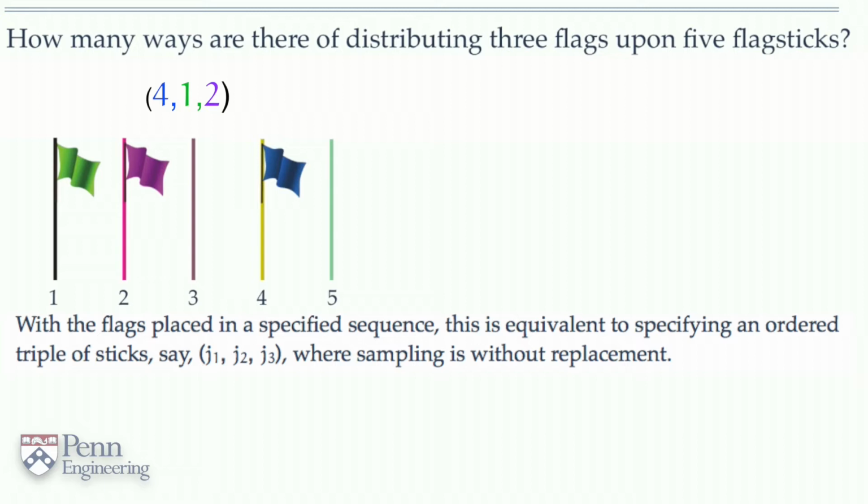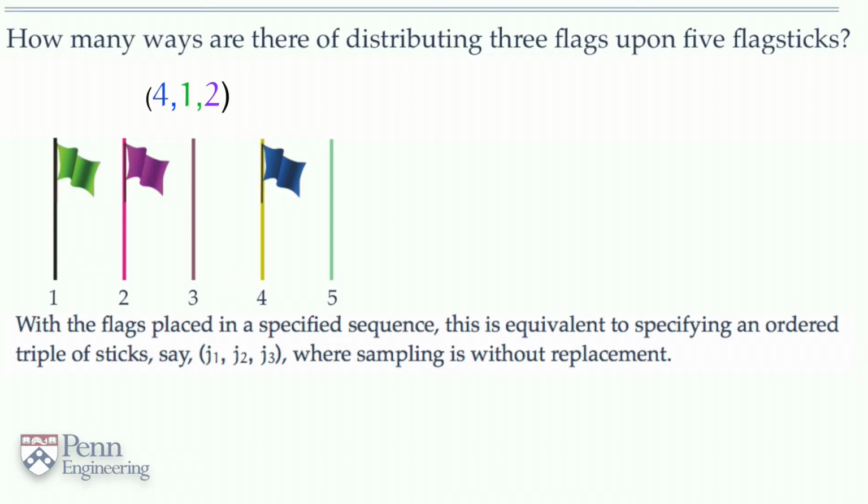Well, let's do the counting. The first flag could go onto any of 5 poles. That gives you 5 possibilities. The moment you place a first flag on a pole, then you only have 4 poles left. Remember, sampling poles is without replacement. Which means that the second flag, the green flag, has got 4 possibilities to select from, and that leaves only 3 possibilities for the purple flag.